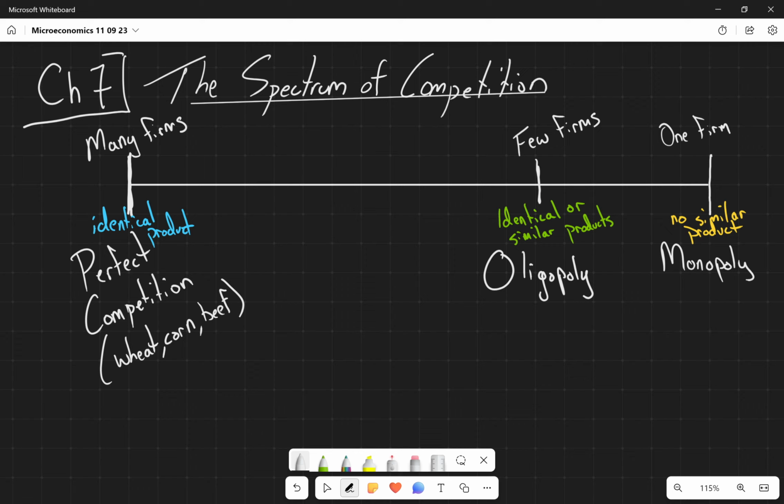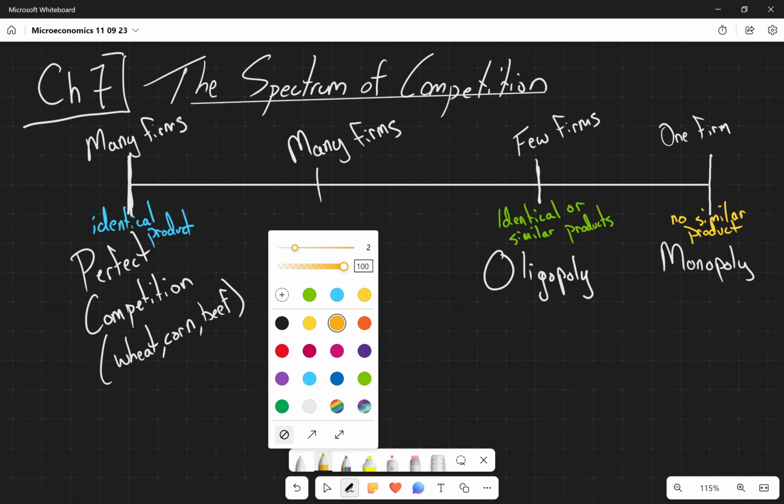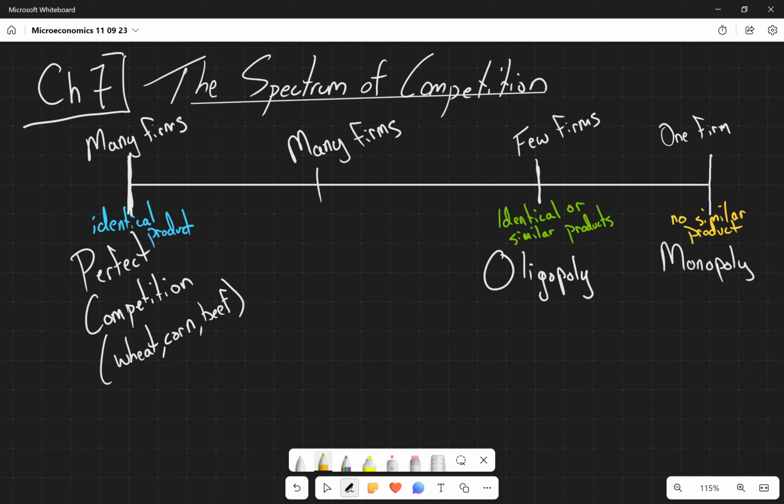And then lastly, we've got this red-headed stepchild in the middle here. We have a situation where, again, we have many firms. And now, instead of having any kind of identical products, we only have similar products.